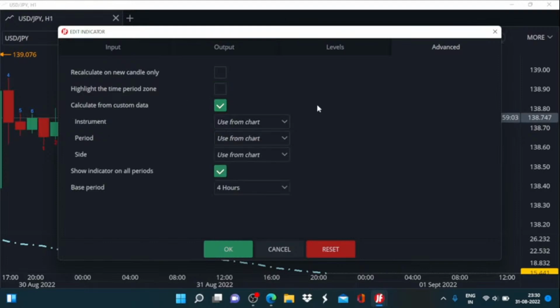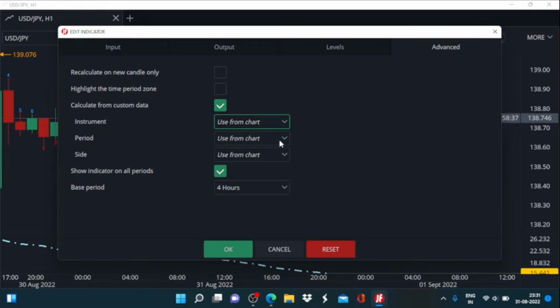You can calculate from custom data the instrument, use it from the chart. So whenever you change the instrument from one instrument to another, the plotting will be done for the new instrument with the same parameters as was the case with the prior instrument. So there won't be any change in terms of the parameters of the plotting, but only the instrument will change. And for that also, it will be plotted.